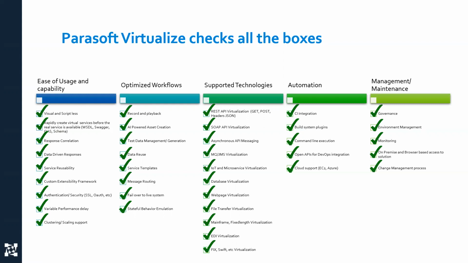Service virtualization, at least through Parasoft, allows you to capture any transient data from the incoming request, whether it's from a header, query parameter, maybe something in an MQ payload in the body. You can capture that data, store it temporarily, and then use that in your response so that you can simulate that dynamic nature.